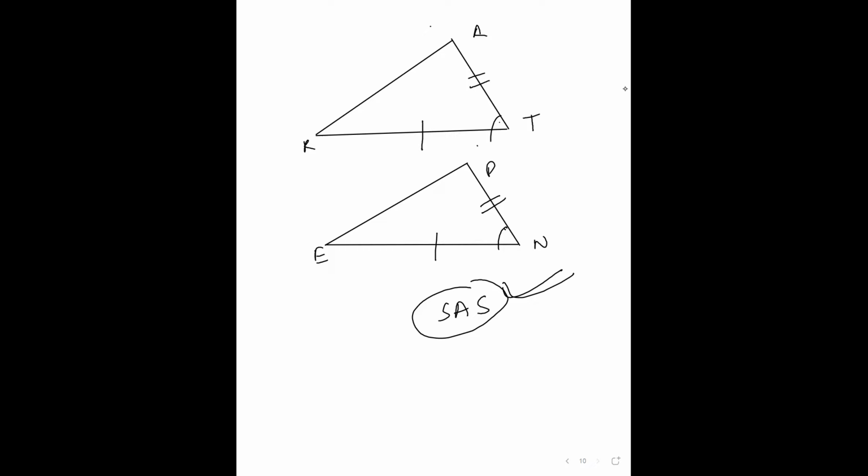Okay. If it is given that AT is equal to PN and you are to use the ASA criteria, you have to use the ASA rule. So in this particular figure, you know that AT is equal to PN. What else do you need to have? Two angles, right? Which two angles?